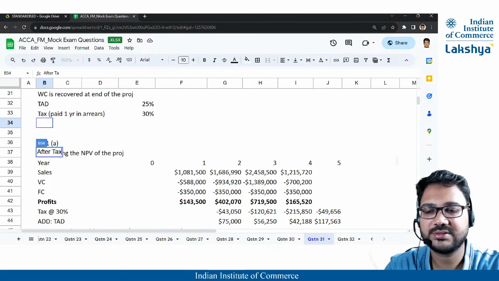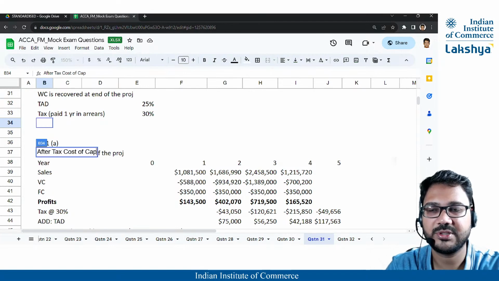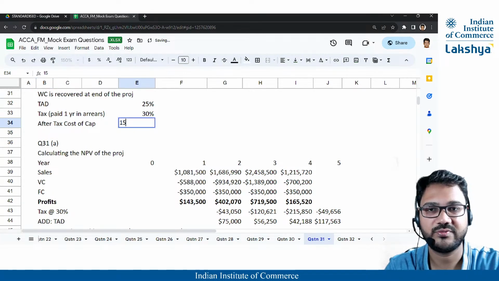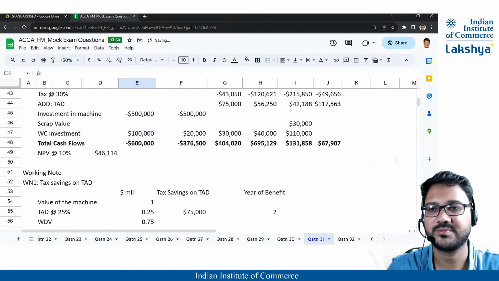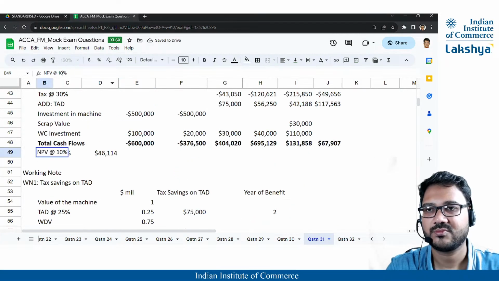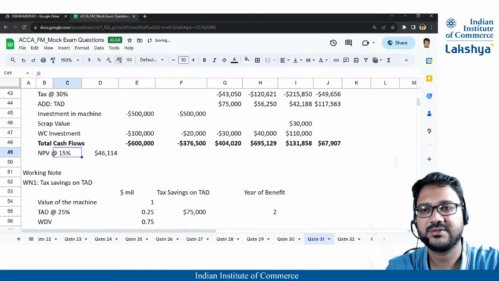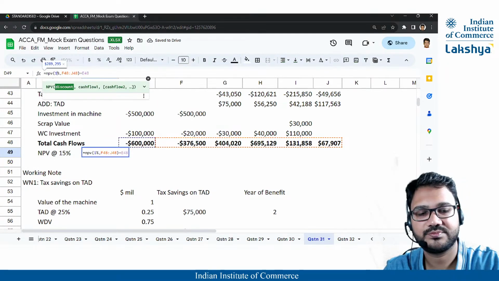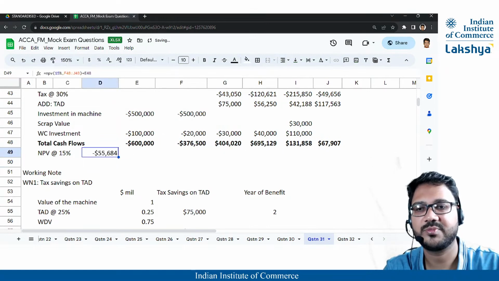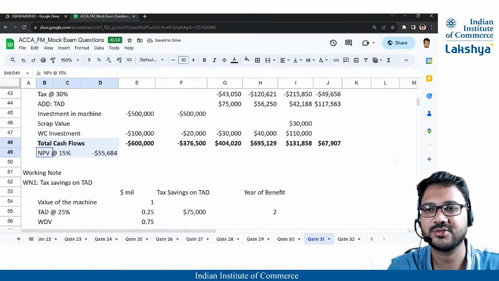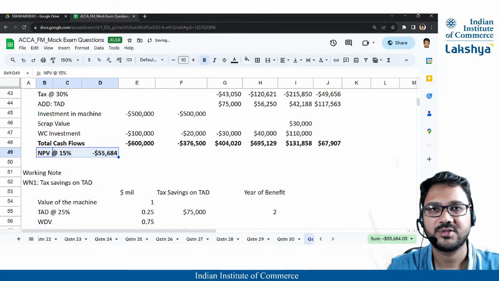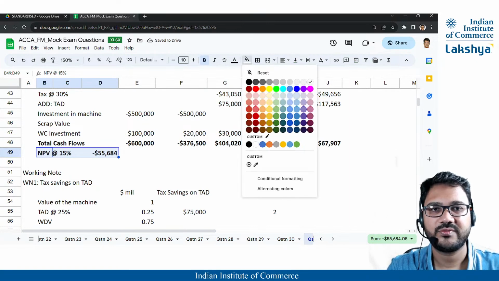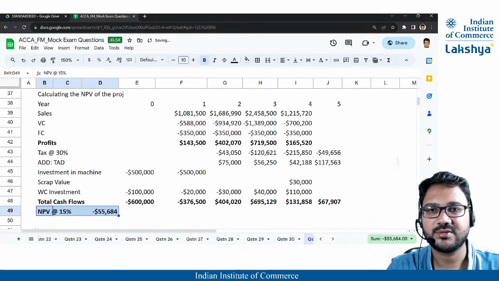After tax cost of capital was 15%. I don't know where I got 10% from. That's why it's very important to write down that summary properly, which I did in a hurry to save time. So wait, I'll just check everything.